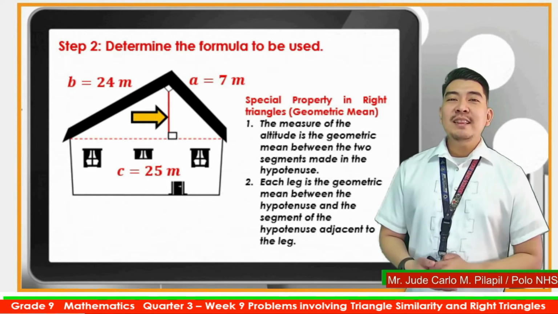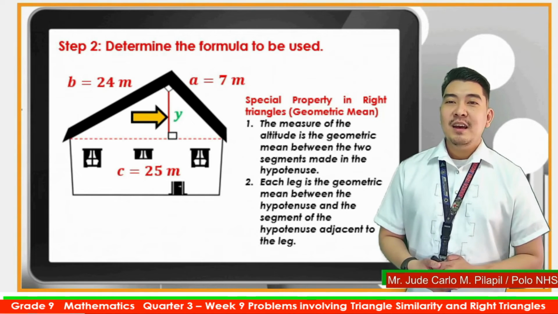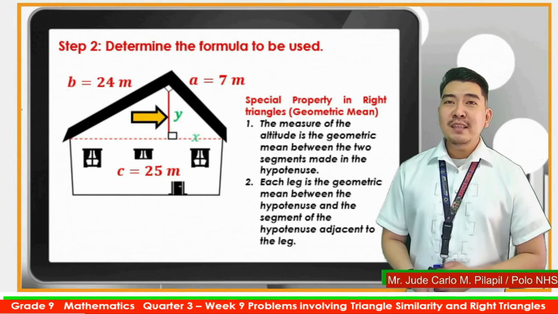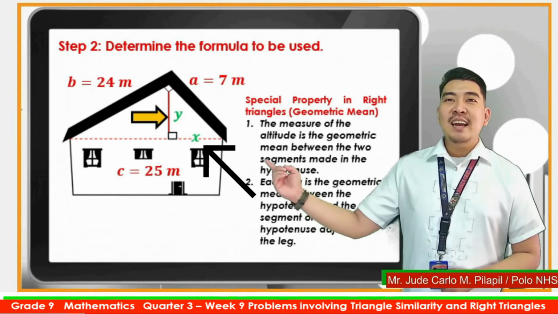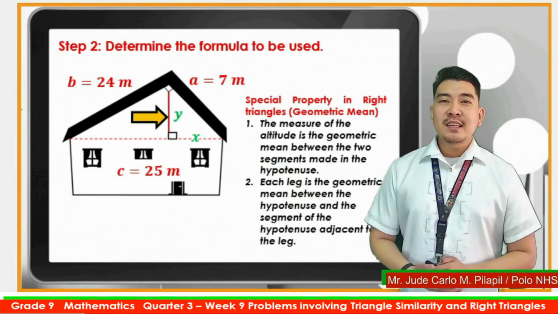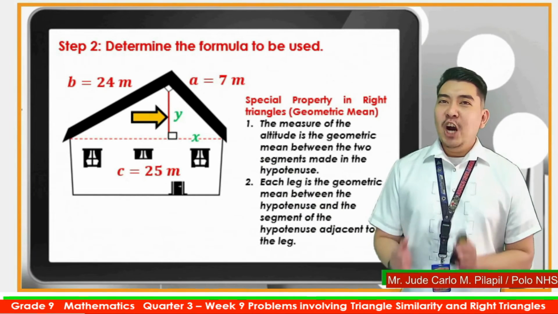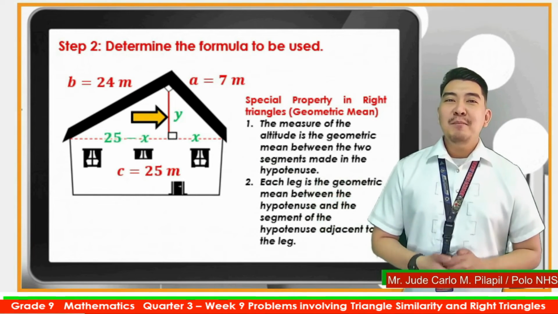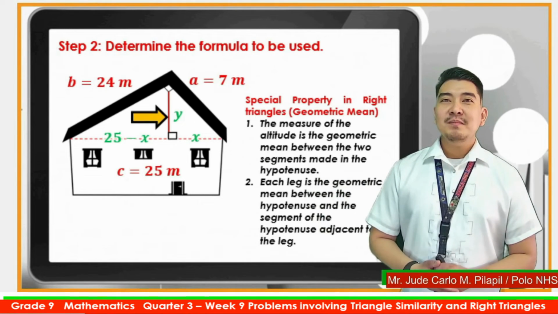Let us represent the altitude to the hypotenuse by the variable y. And one of the segments formed in the hypotenuse, let us represent it as x, as shown in the figure. Since the hypotenuse measures 25 meters, the other segment in the hypotenuse measures 25 minus x.